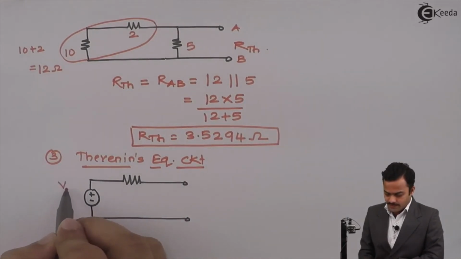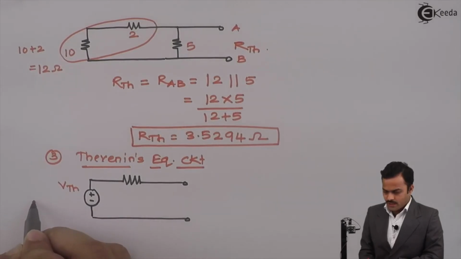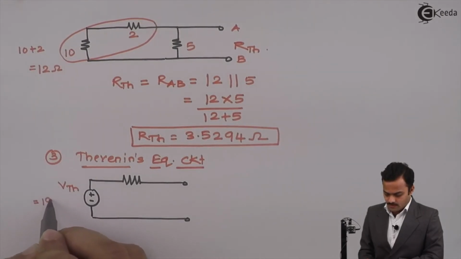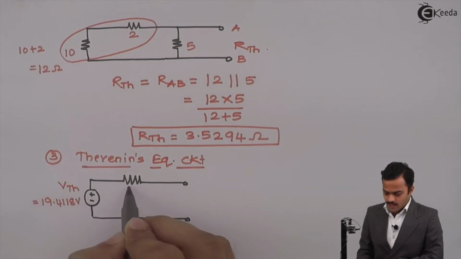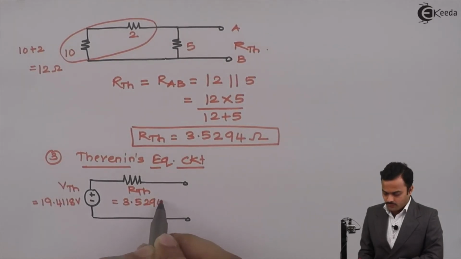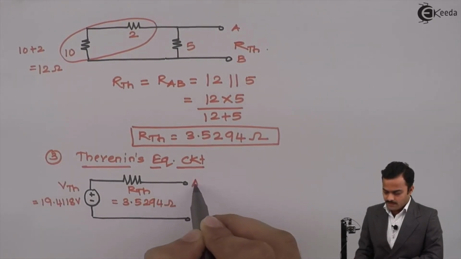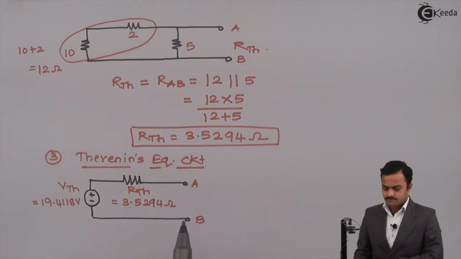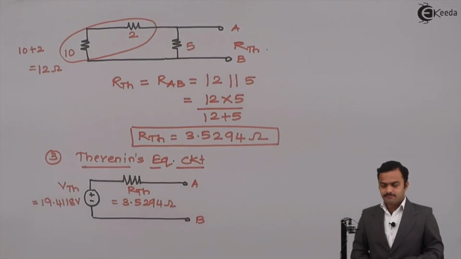So I will have Vth, whose value we have calculated as 19.4118 volt, and RTH, whose value is 3.5294 ohm, and these are the points A and B. The third step is very simple, just drawing a Thevenin's equivalent circuit.